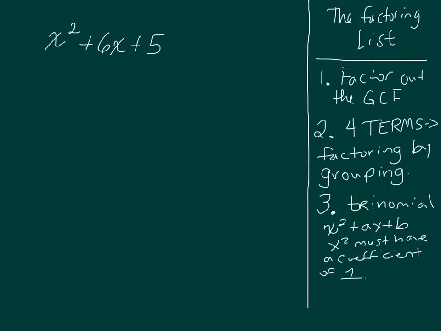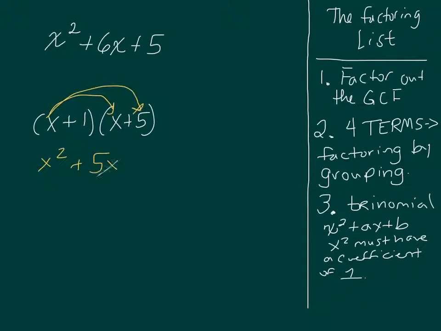Let's go back to multiplication for a minute. Let's say I have the two binomials x plus 1 times x plus 5. Okay, if I have x plus 1 times x plus 5, I know how to multiply. I'm going to say x times x, and that's going to give me x squared. I'm going to say x times 5, and that's going to give me 5x.